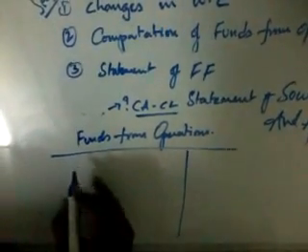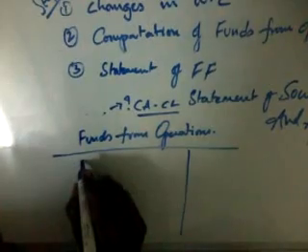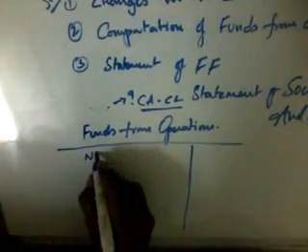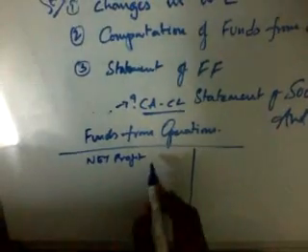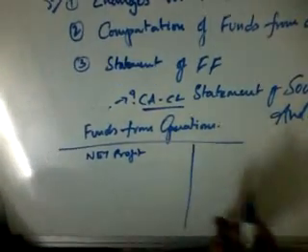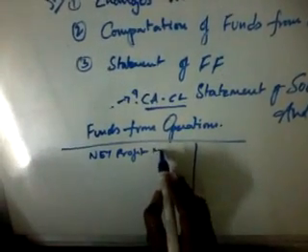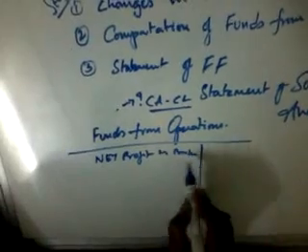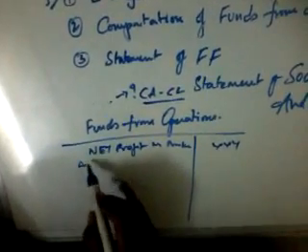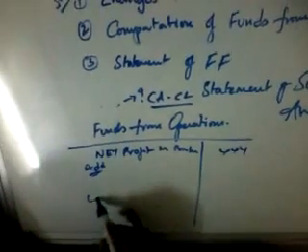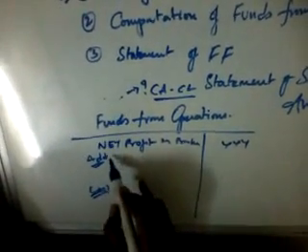In the beginning, it will have net profit as per books. Now add and less. These are the two columns we'll find here.